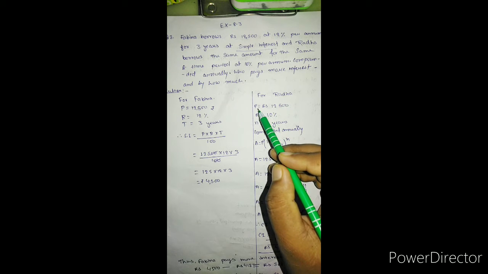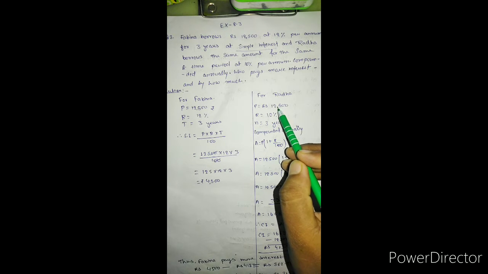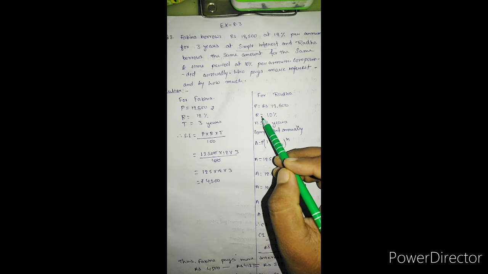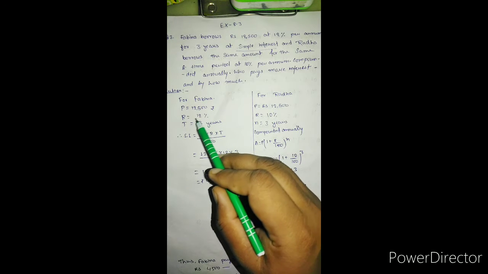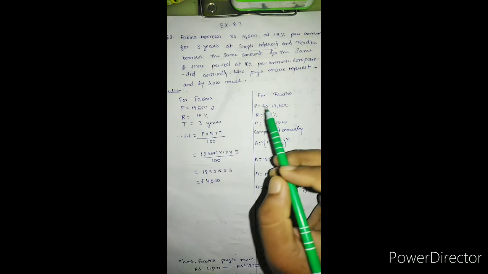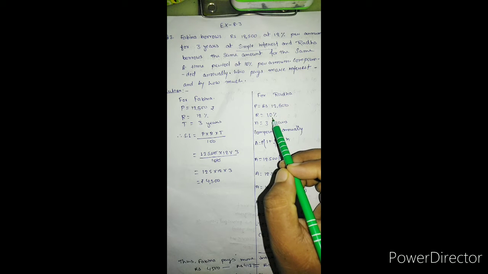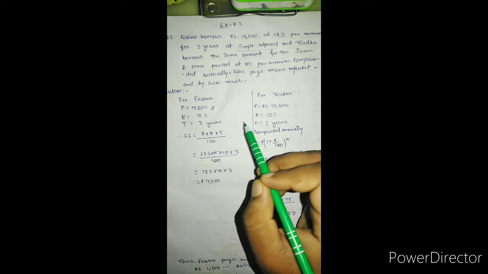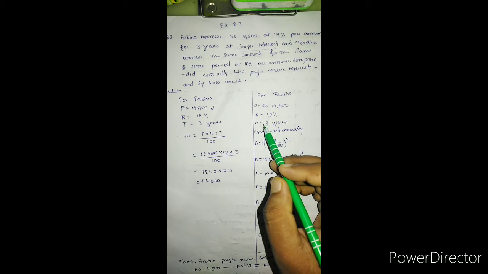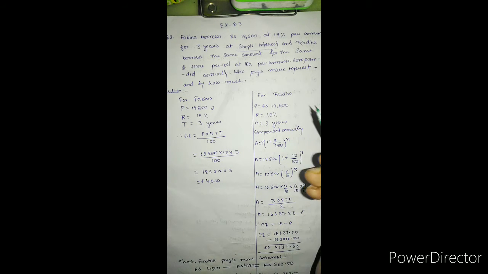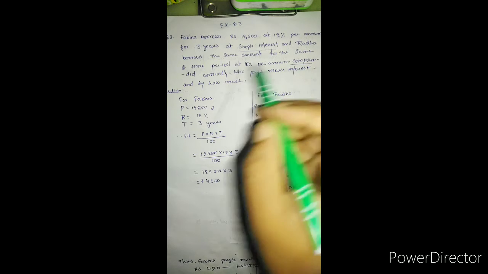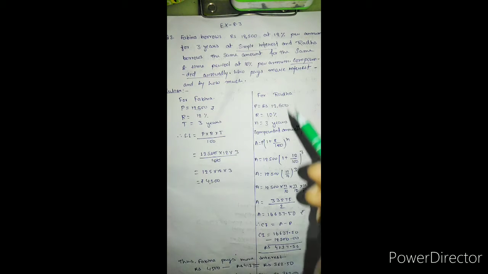Now calculate for Radha. For Radha, the principal amount is the same, that is 12,500. The rate is changed, that is 10%. For Favina the rate was 12%, but for Radha the rate is 10%, and the time is also the same, n equals 3 years. And for Radha we have to calculate compounded annually.